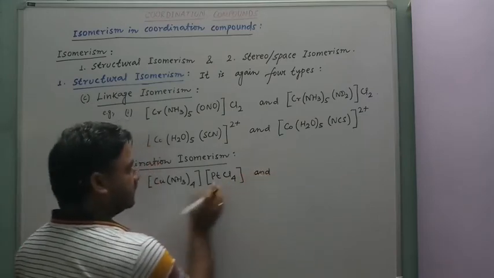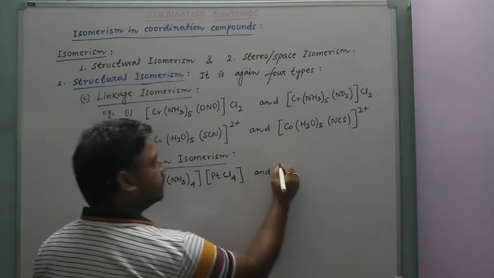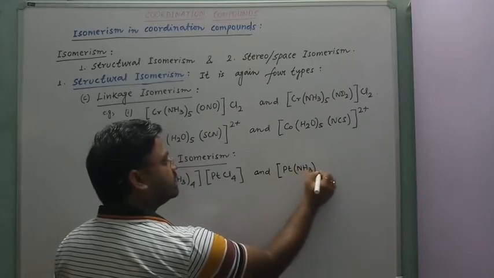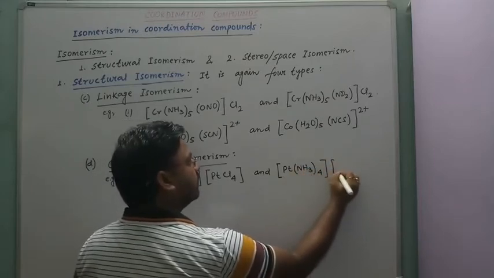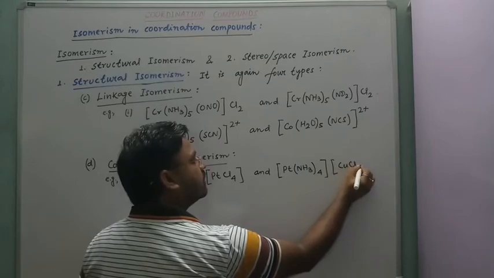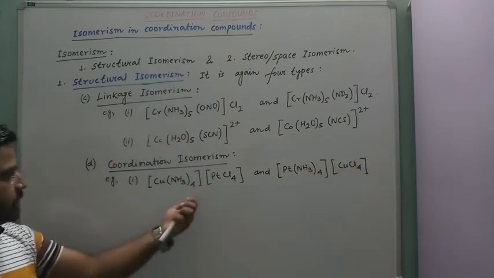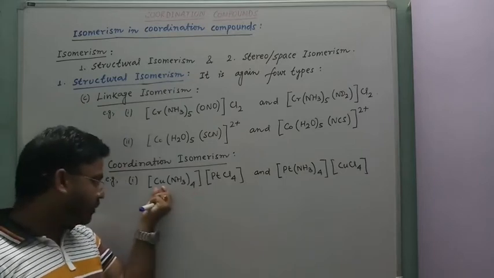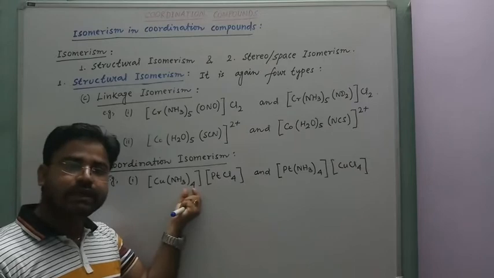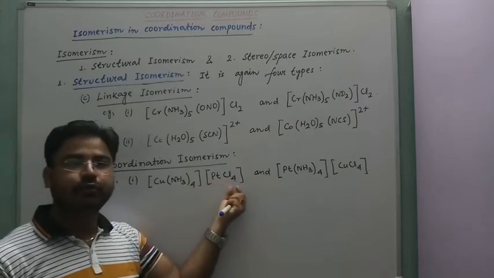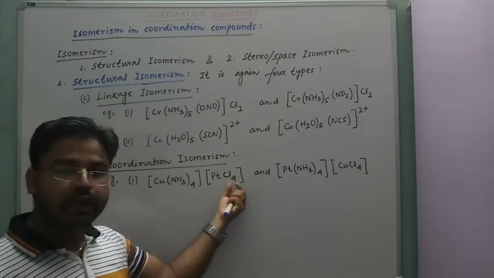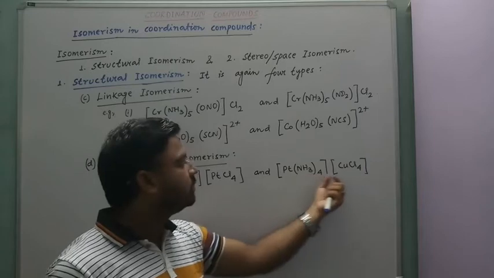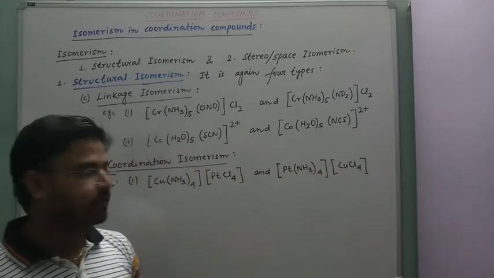Similarly, its isomer is [Pt(NH3)4][CuCl4]. So you see, both the compounds have the same molecular formula. Here copper is attached with 4 NH3 amine ligands, and platinum is attached with 4 chlorido ligands. Here platinum is attached with amine ligand, whereas copper is attached with chlorido ligand.